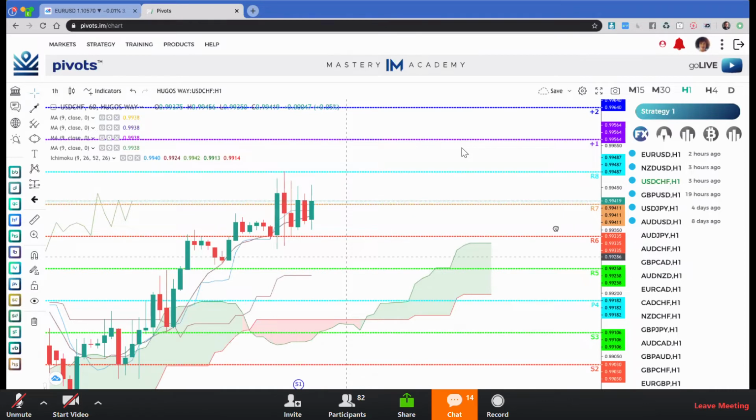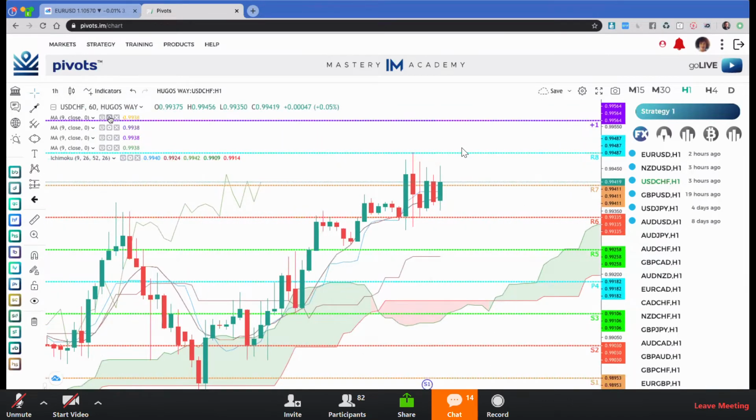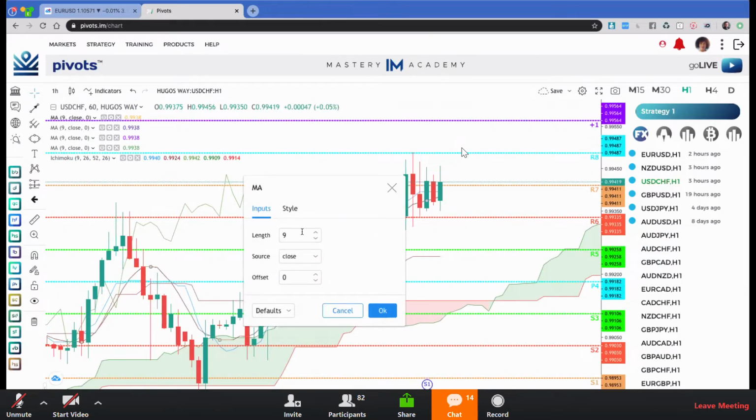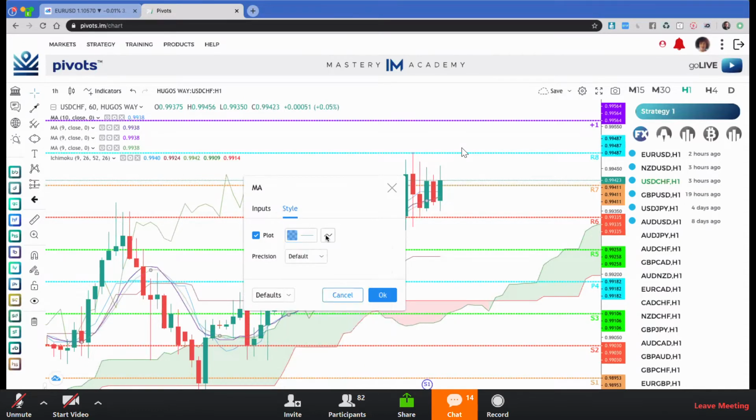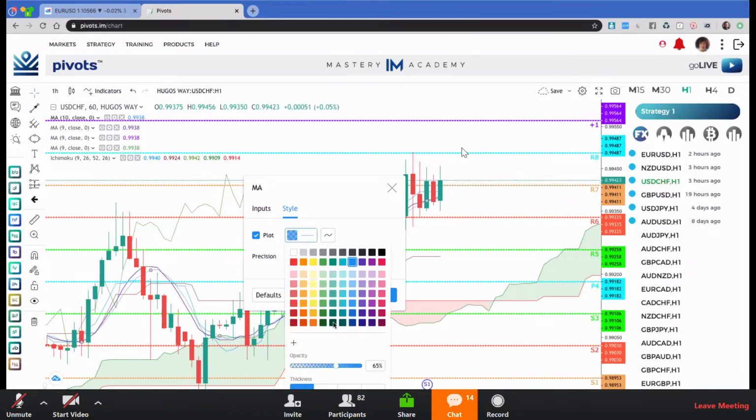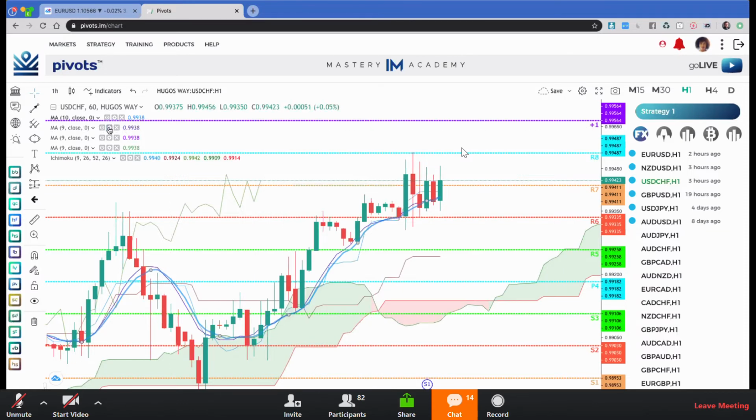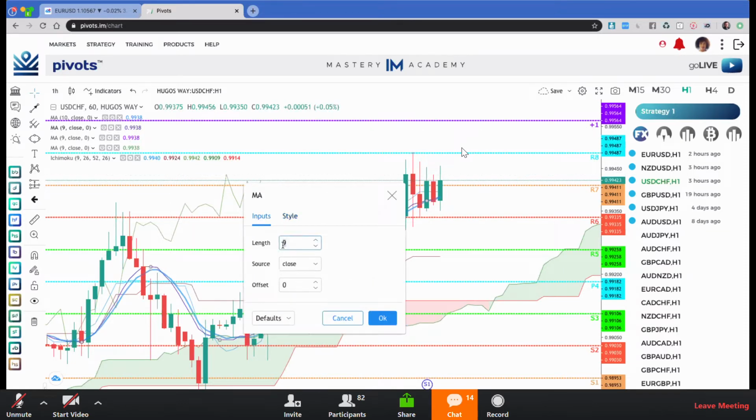All right, then it looks terrible, so we're going to change them. Moving average 20 or 9 to 10. Make it a certain color that you like, blue, purple, maybe a little bit thicker. That's 1, 10. Okay, next, 20.